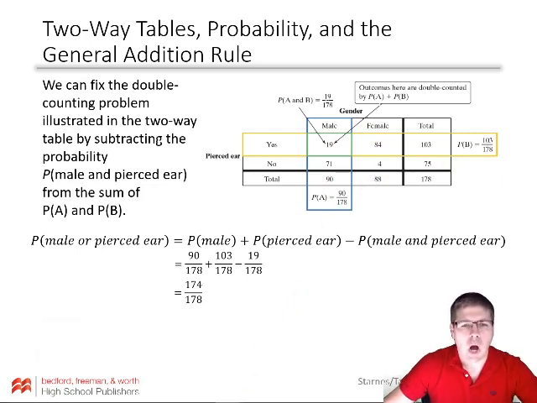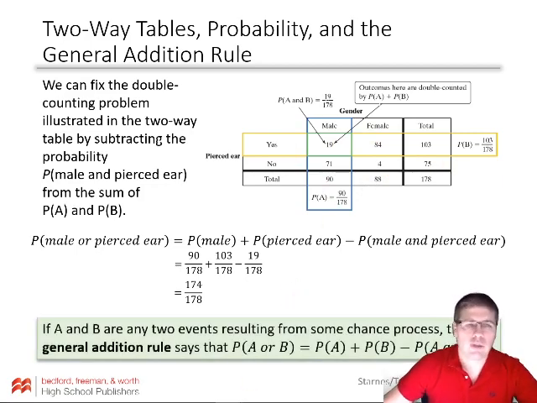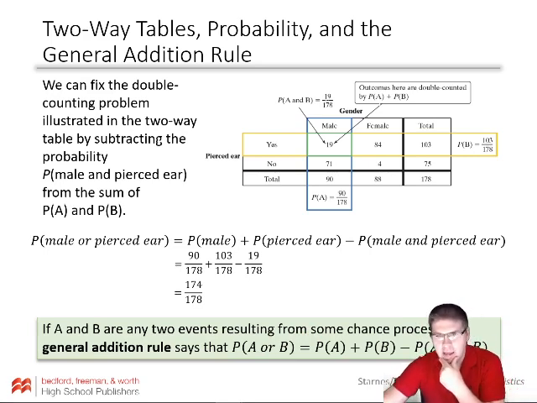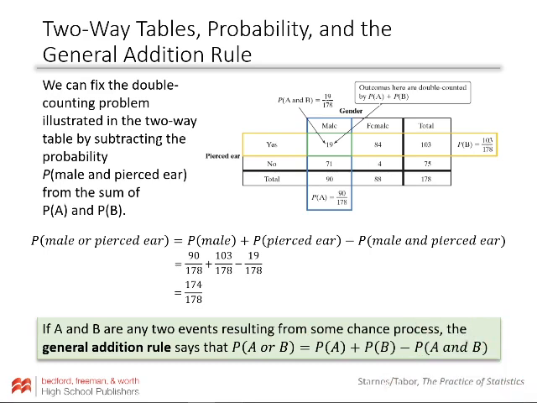So ultimately, we can get to a general addition rule. If A and B are two events resulting from some chance process, the general addition rule says the probability of A or B is equal to the probability of A plus the probability of B minus the probability of A and B. Our other addition rule was for mutually exclusive events.